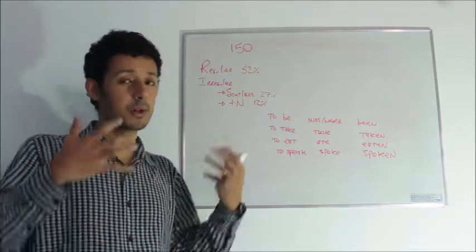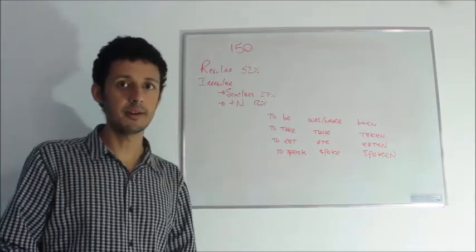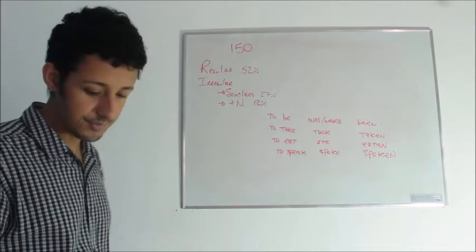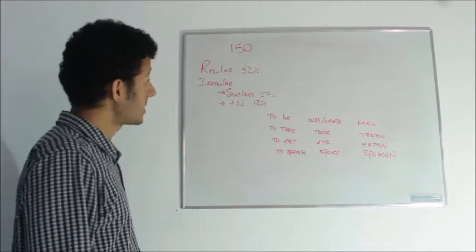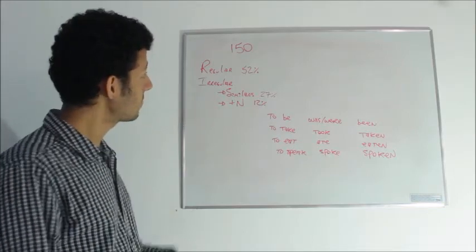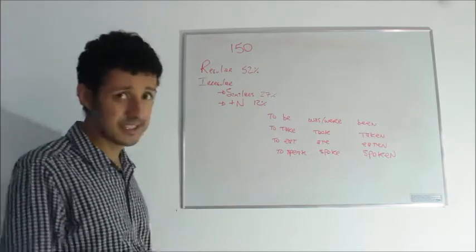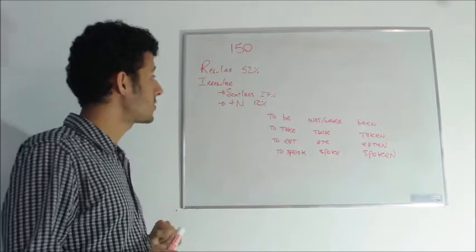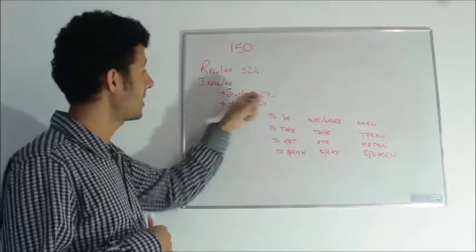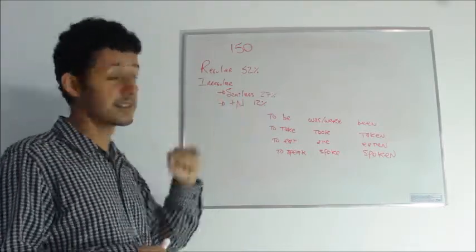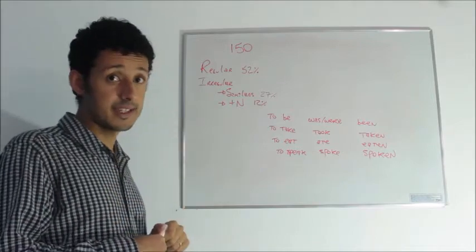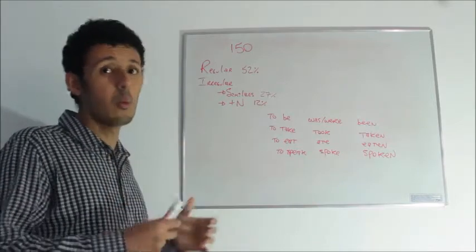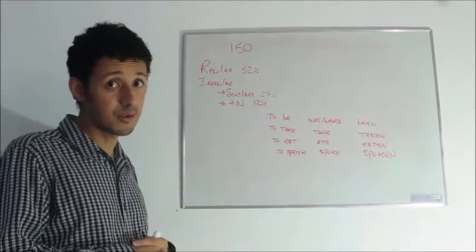So we can try to find the participle. But if we put all these maths together, right, we have 52% plus 27% plus 12%. It's not 100% yet, correct?